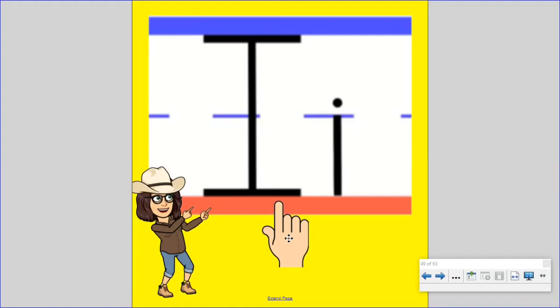Let's use our magic finger and trace the letter I in the air. We'll start with the capital I. Start at the top, down, across the top, across the bottom. That's the capital I. Now the lowercase i.